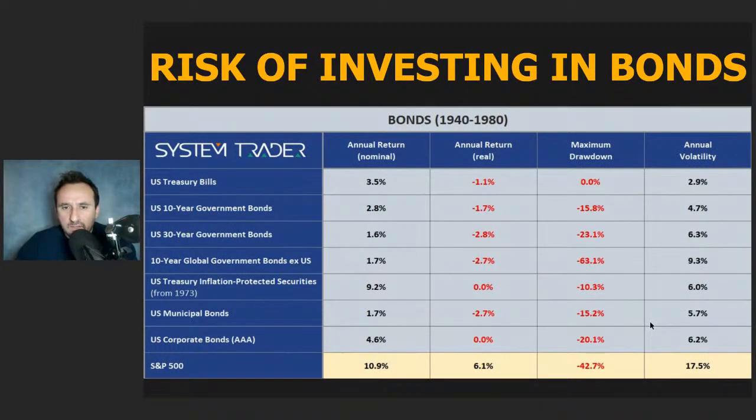And the risk of investing in bonds, I think, is shown here. Between 1940 and 1980, that's the period during which the interest rates were growing, the annual return in real terms for government bonds in the United States, and not only government bonds, was negative. And how does it happen? It's very simple. Although you buy the American bonds, there is no risk that they will not give you money back.